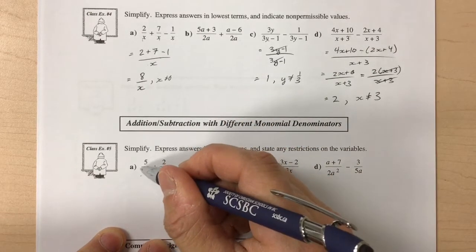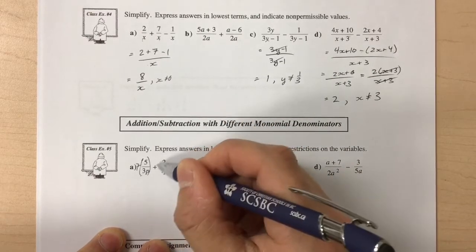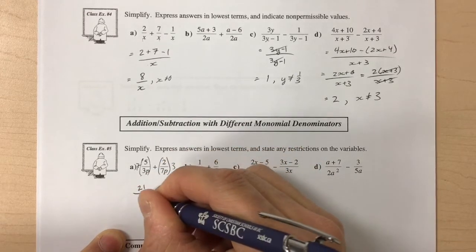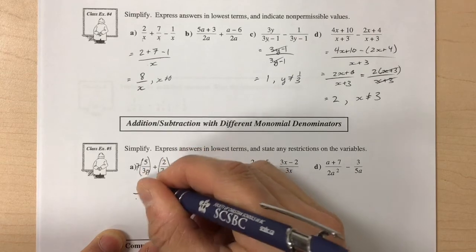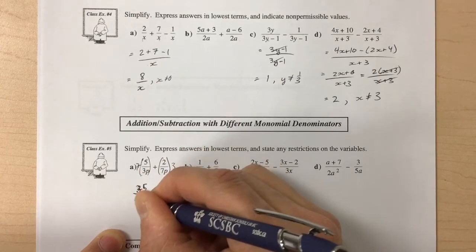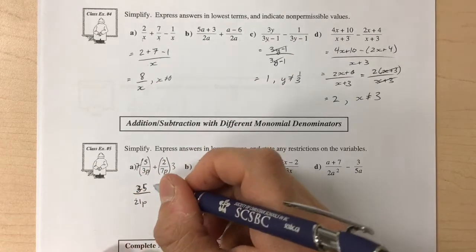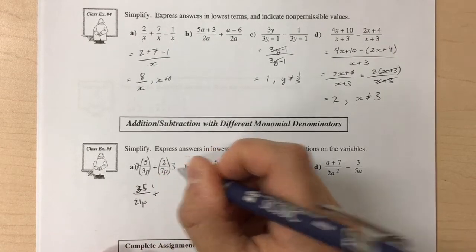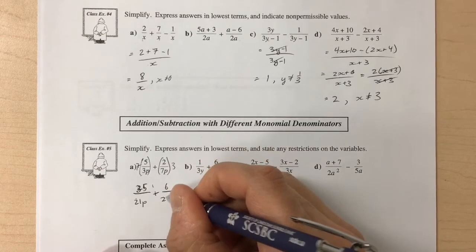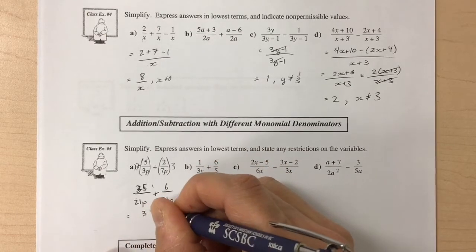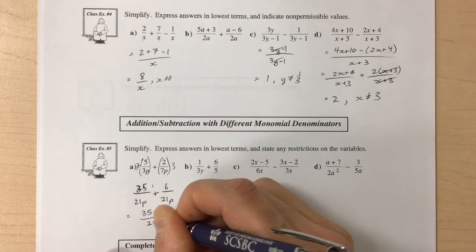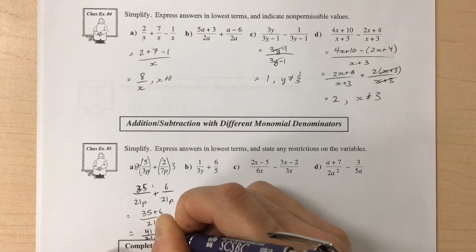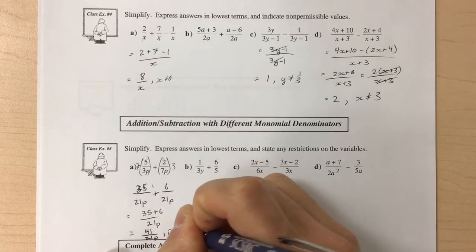So if I were to multiply everything here by 7 and everything here by 3, I'm going to end up with 7 times 5 is 35 over 21p. And I'm going to end up with plus 2 times 3 is 6 over 21p, or 35 plus 6 over 21p, which results in 41 over 21p, such that p can't equal 0.